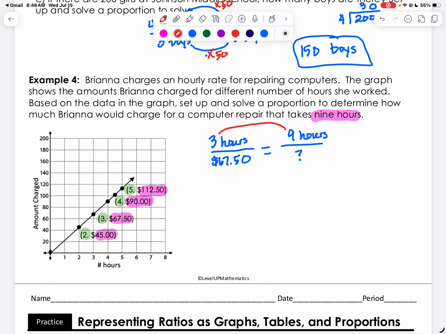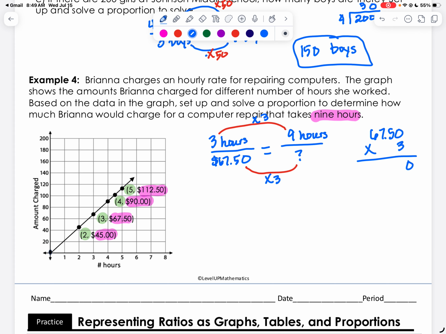3 goes into 9 3 times. So I'm scaling the top by 3. So I must scale the bottom by 3. So I'm going to take 67.5. I guess I could do 50 and multiply it by 3.